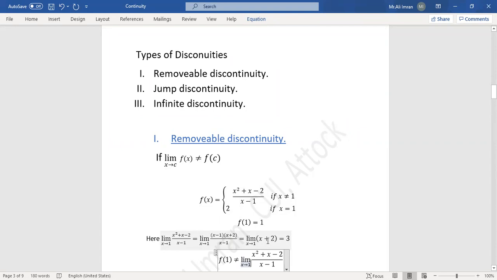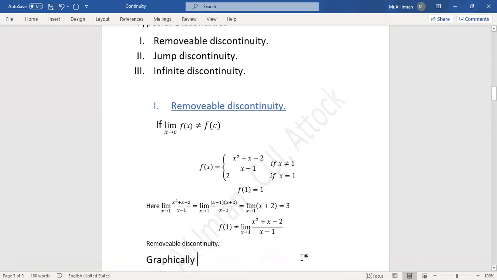This is the simplified form, and when we put in the value, we get the limit 3. Now the value of the function at x equal to 1 is 2 and the value of the limit is equal to 3, and f(1) is not equal to the value of the limit at x equal to 1. So this is called removable discontinuity.